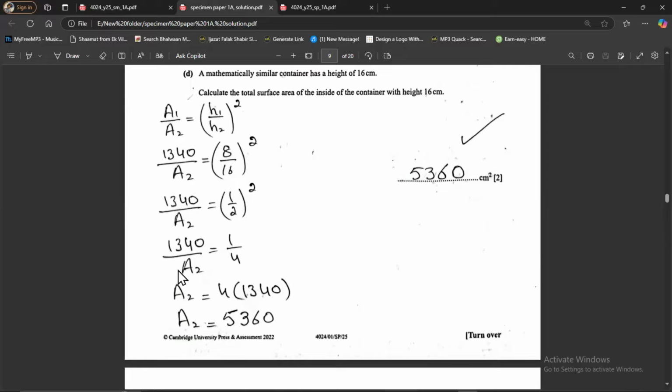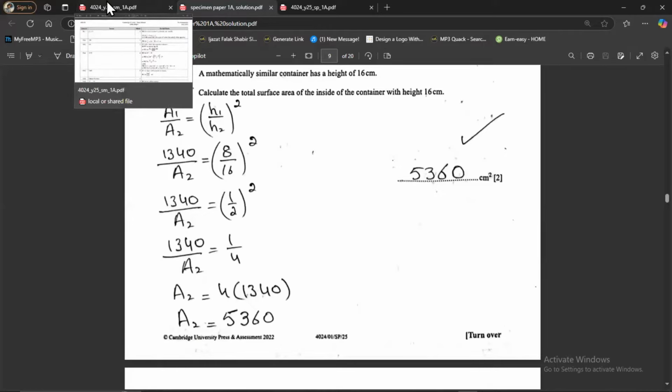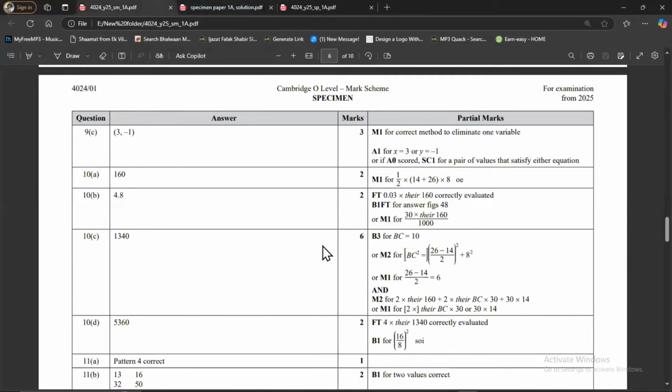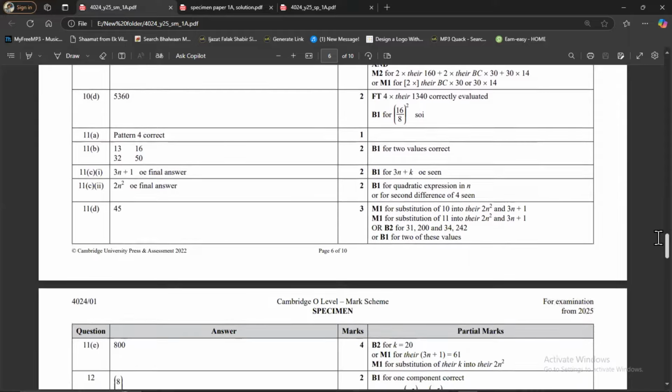So 1340 divided by A2 equals, when you divide 8 by 16, you get 1 by 2. Its square will be 1 by 4. Cross multiply, so A2 will be equal to 4 multiplied by 1340, and that is 5360. So the area of that second container is 5360 centimeter square. You can look at the marking scheme. Our answer is right.